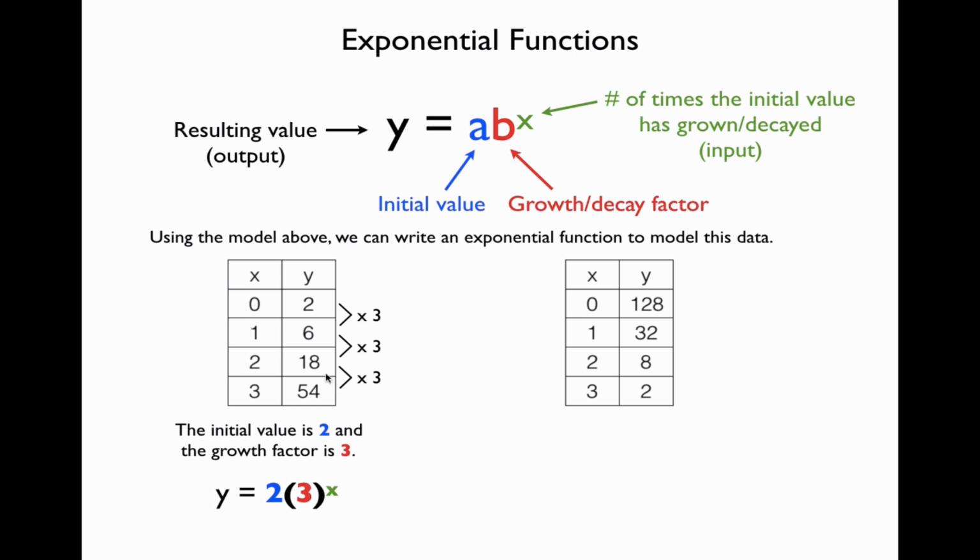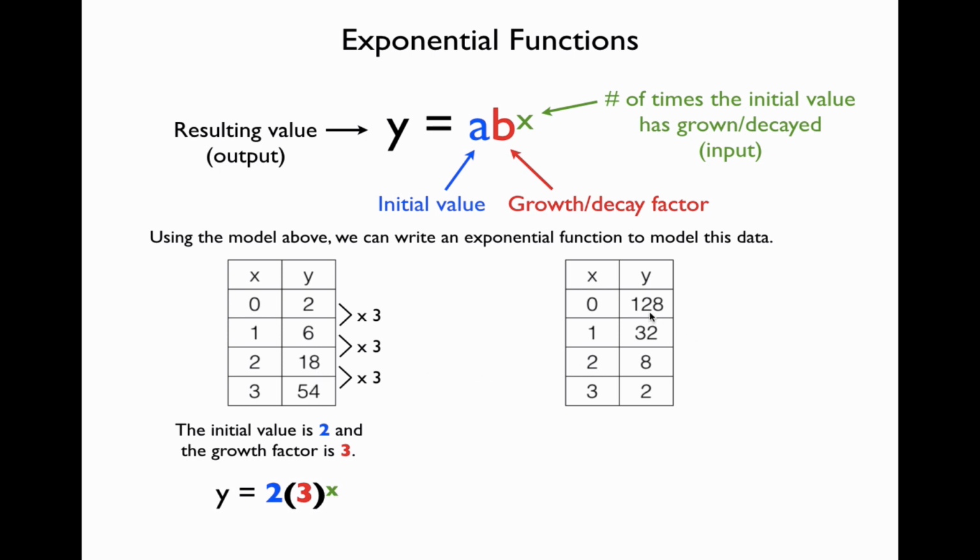Let's plug in a 0. 3 to the 0th power is 1 times 2 is 2. 3 to the first power is 3 times 2 is 6. 3 squared is 9 times 2 is 18. And 3 cubed is 27 times 2 is 54. So this equation does model the data in the table.